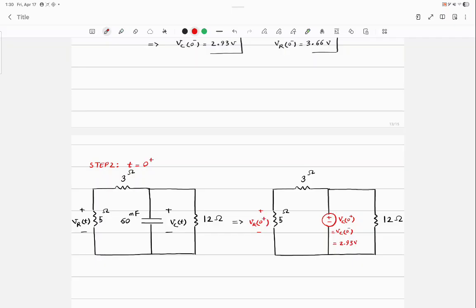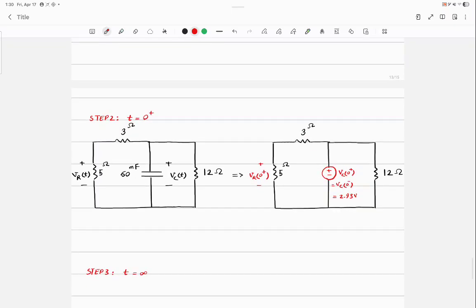Right? Okay. What do you need to find? VR 0 positive. Look, can you tell me what is the value of VR 0 positive?